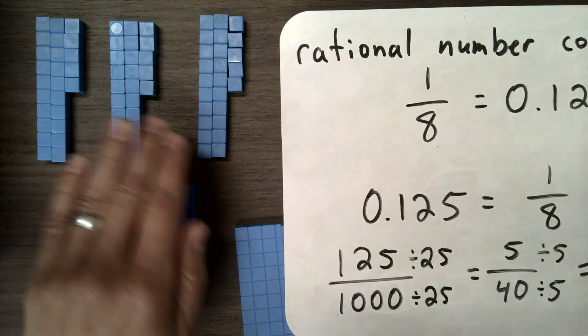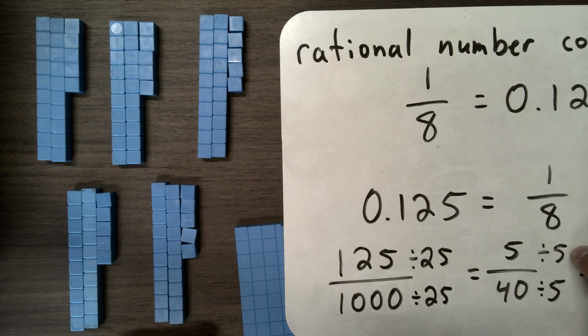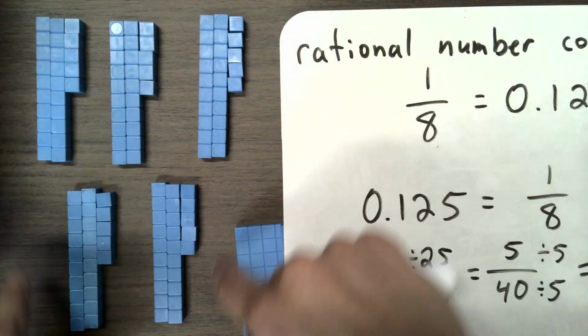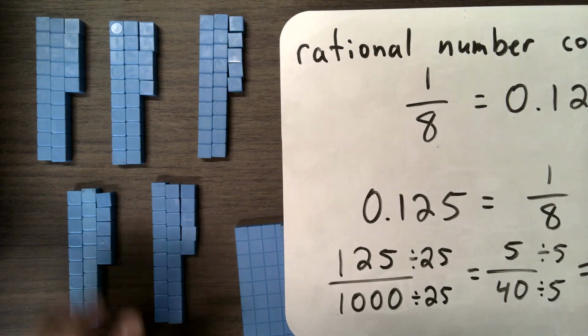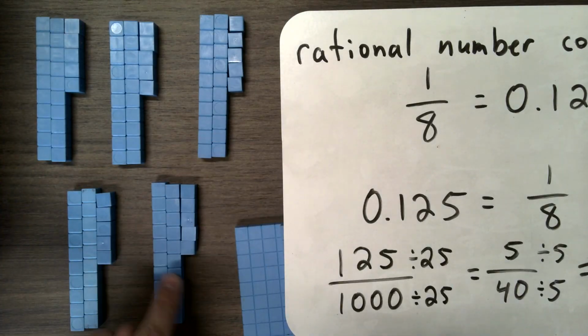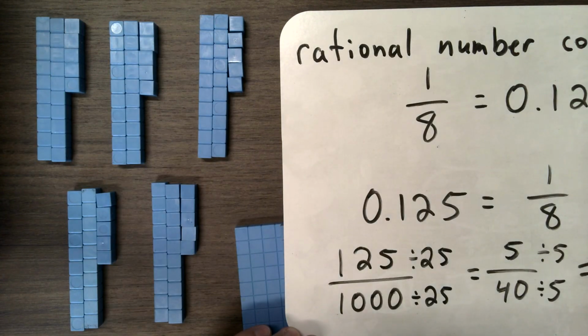Okay, so we have our 5 objects here, but remember we're dividing by 5, so we want to create groups with a size of 5. So actually now this entire quantity will just form one group that has 5 of these individual pieces in there. Okay, so this is all one group.